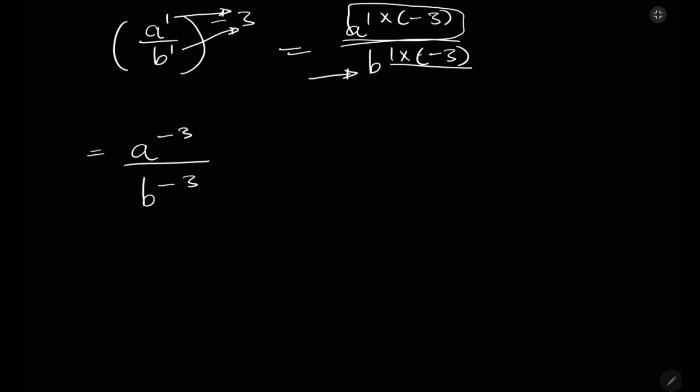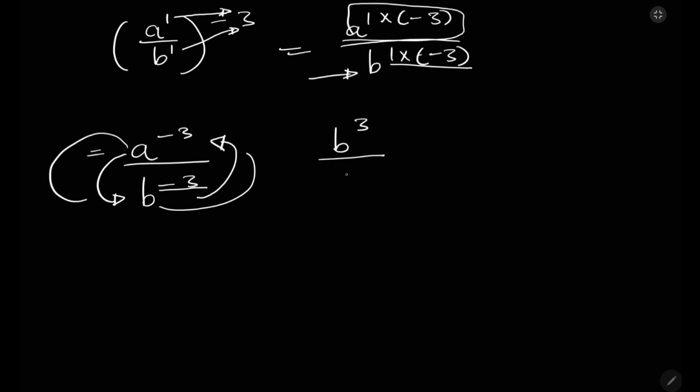So how do we make our exponents positive? Your a will have to go to the denominator and your b will have to go to the numerator. We swap them. So b goes to the numerator, so this will be b to the power positive 3. It was negative, now it's positive. Over, we take our a to the denominator, this will be a to the power 3.